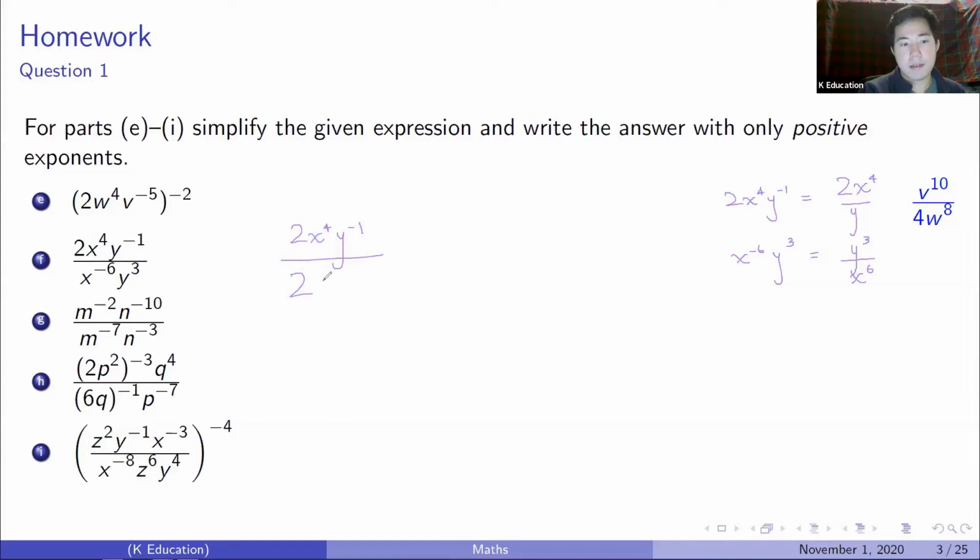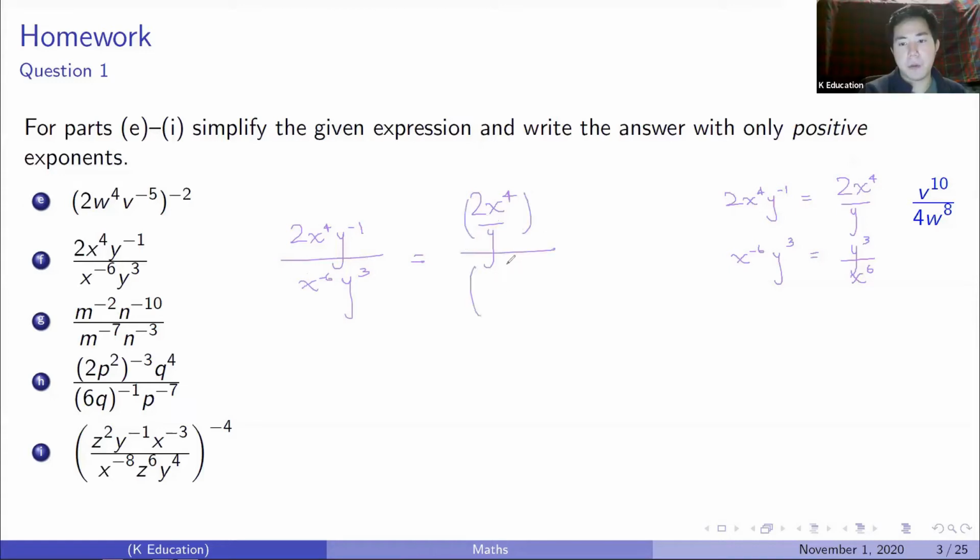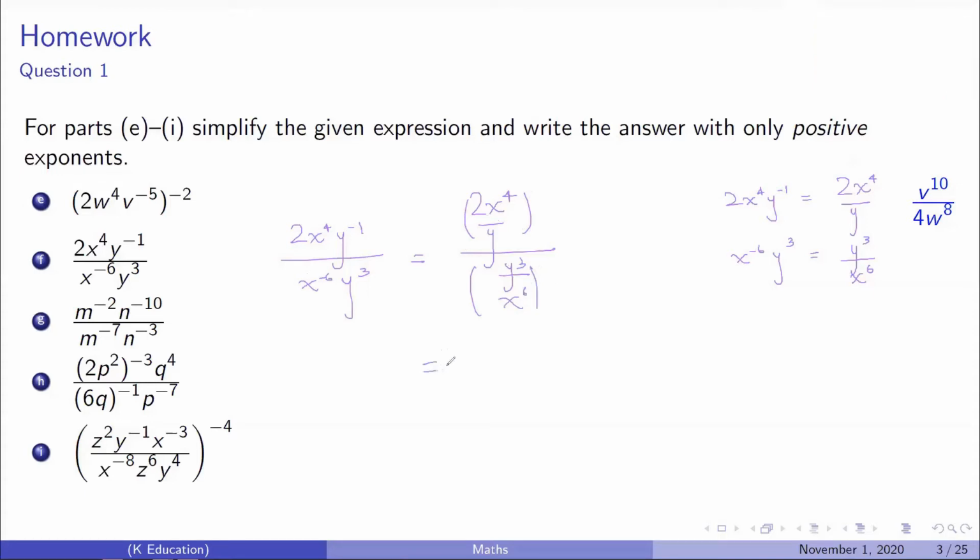Yes, okay, so if you put those in, what do you get here? So this is equal to that, right? Yeah. So it's 2x to the power of 4 divided by y, divided by y cubed over x to the power of 6. Okay, yeah. What do you do from here?